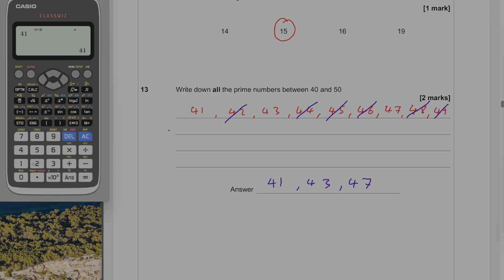So it says that there are no factors of that. 43 equals, shift fact, no factors of that one, and then 47, shift fact. There we go. And then again, if I, for example, hadn't spotted that 49, if I press equals and then press shift fact, it breaks it down into its prime factors for me. So that's just a way of double checking.